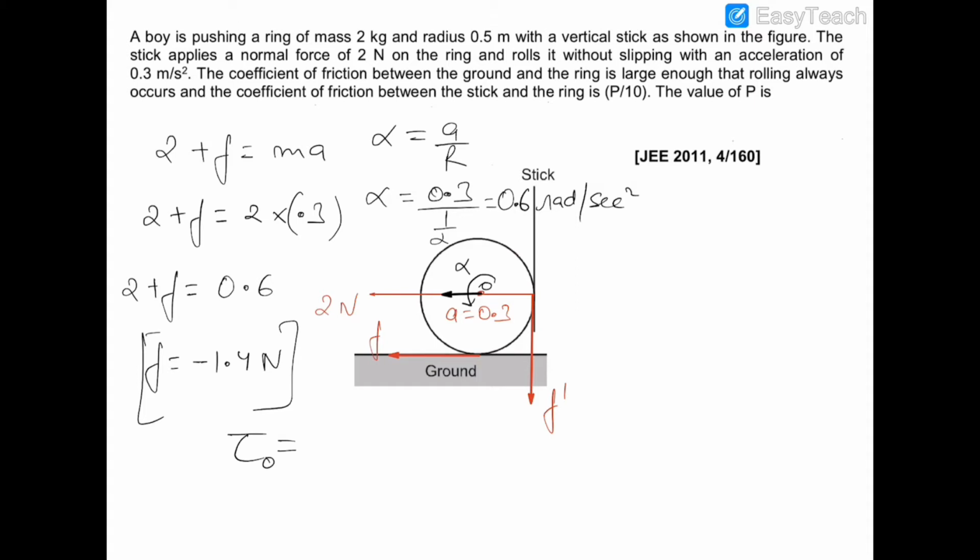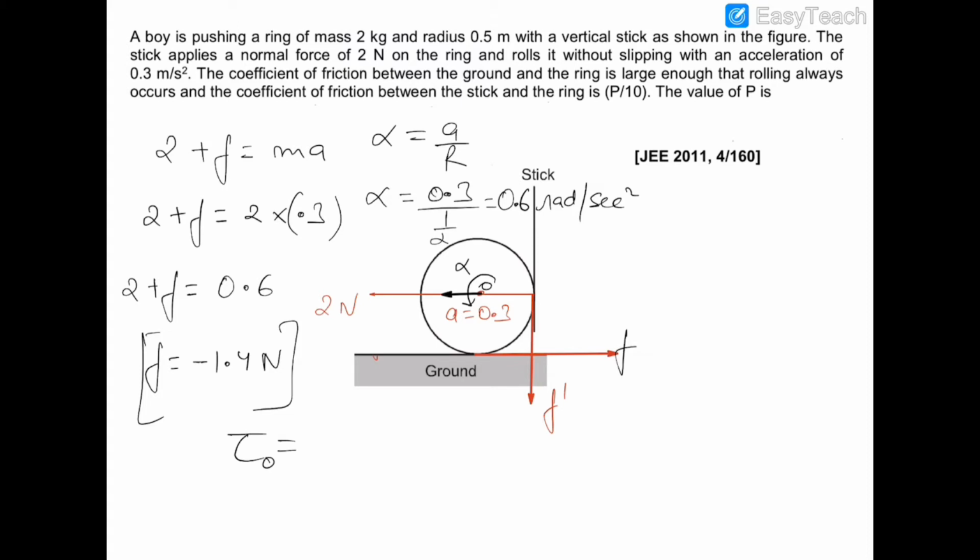the torque of this friction is acting in the backward direction. So this is negative. So let me draw this friction in the backward direction. First of all, this is the friction F. Now we know that this ring is rotating in anti-clockwise sense, and the torque of this friction is in anti-clockwise sense, while the torque of this F dash is in clockwise sense.